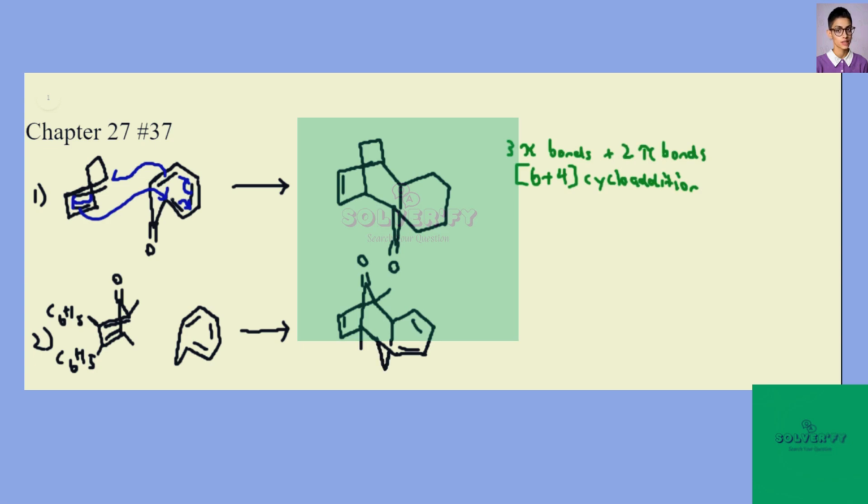Okay. And then, of course, the 2 benzene rings. Okay, so that is going to be our product for reaction 2.